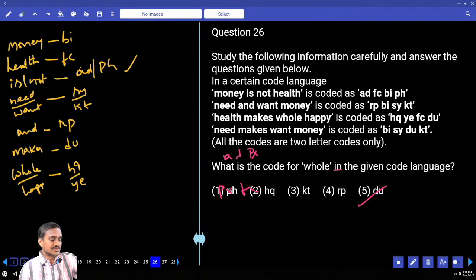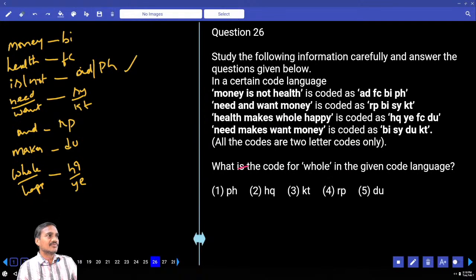The next one, 26th. What is the code for whole? The code for whole is either HQ or YE, isn't it? HQ or YE. HQ, why can we say that definitely? No. If you go by the options, the question should say what can be the code, isn't it?